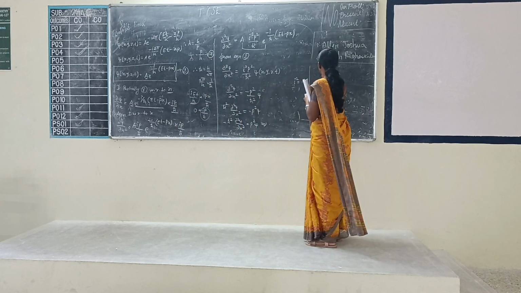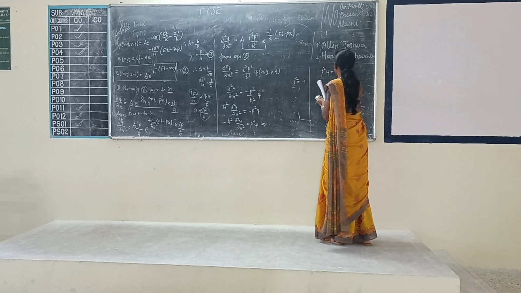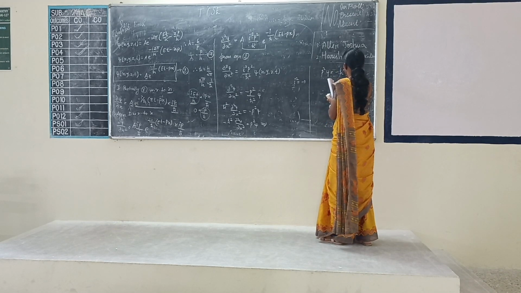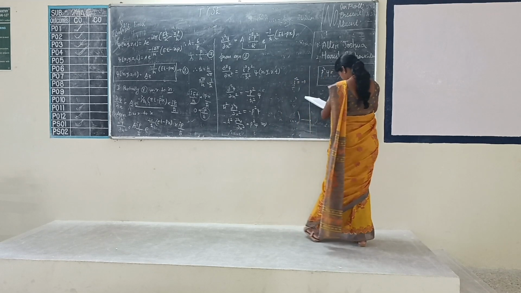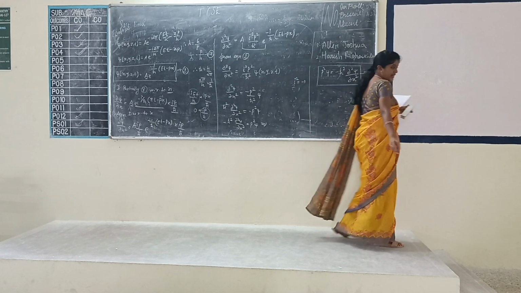So therefore p² ψ is equal to minus h cross squared of ∂²ψ/∂x². So write this as equation number 9. Write it down.